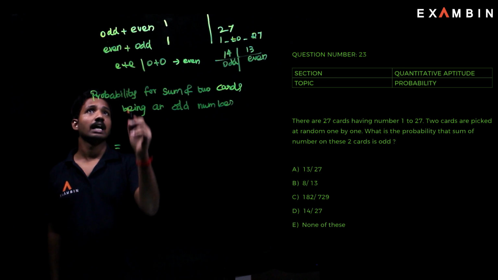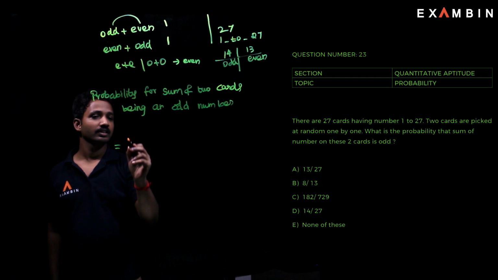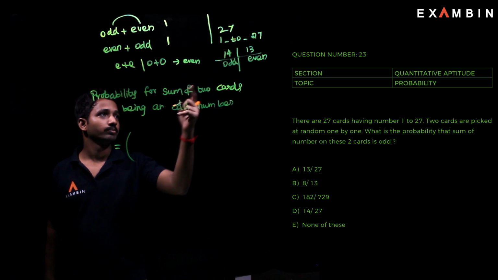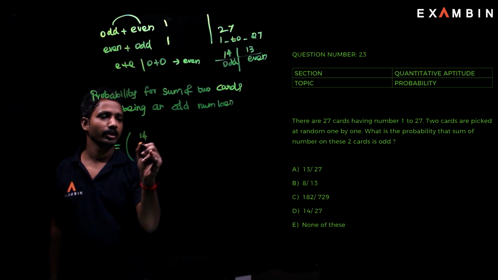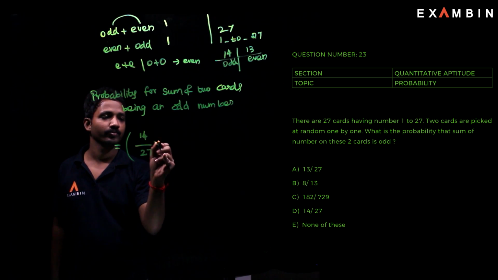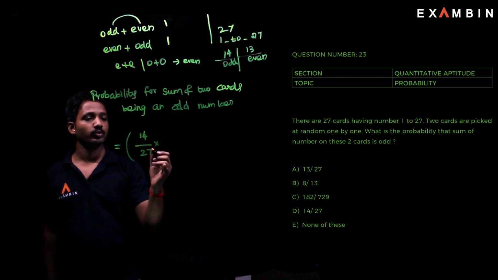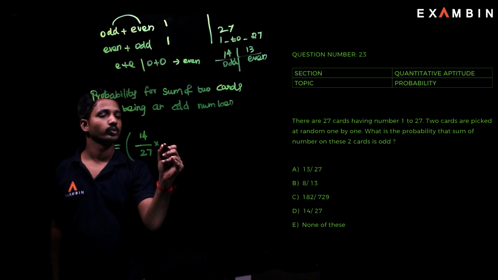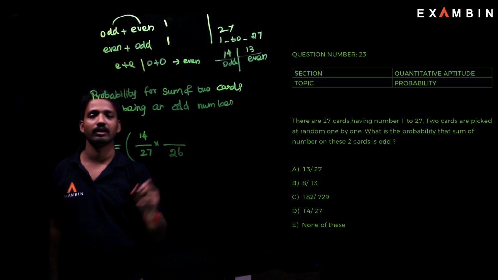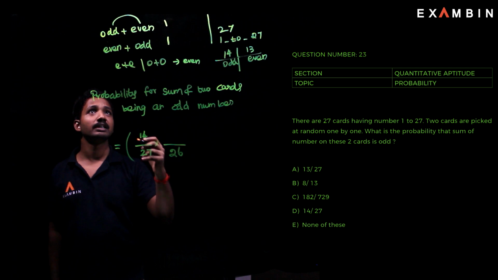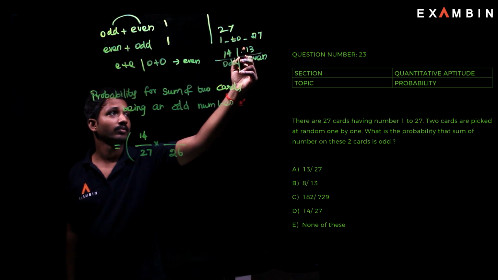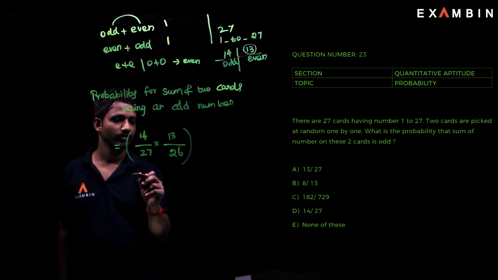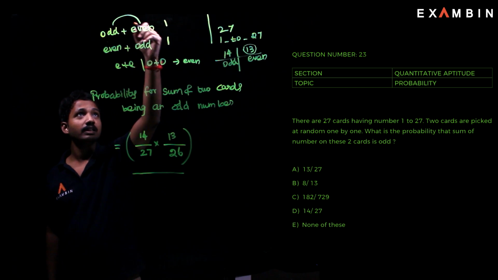First, I am going to take odd then even. The first card being an odd card has probability 14 by 27. For the second card, since we have already taken one card from the lot, only 26 cards are available. The second card being an even number has probability 13 by 26. This is for odd-even.